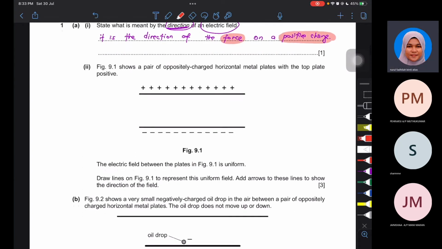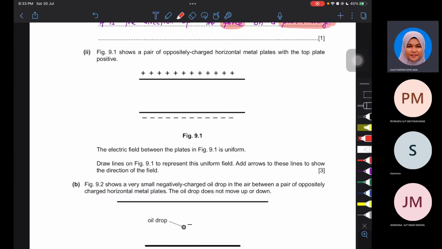Okay, next. Number 2, figure 9.1 shows a pair of oppositely charged horizontal metal plates with the top plate positive. Okay, the electric field between the plates in figure 9.1 is uniform. Draw lines to represent this uniform field. Add arrows to these lines to show the direction of the field.